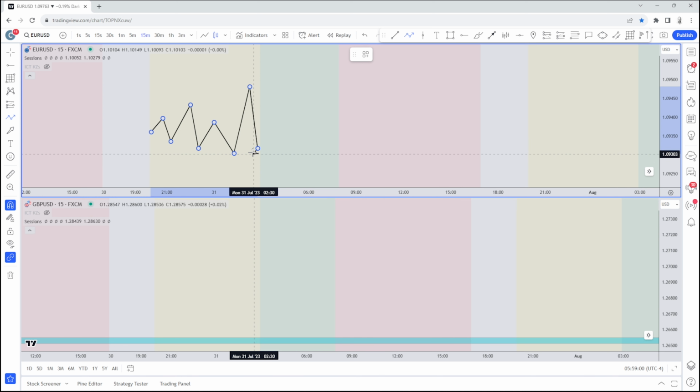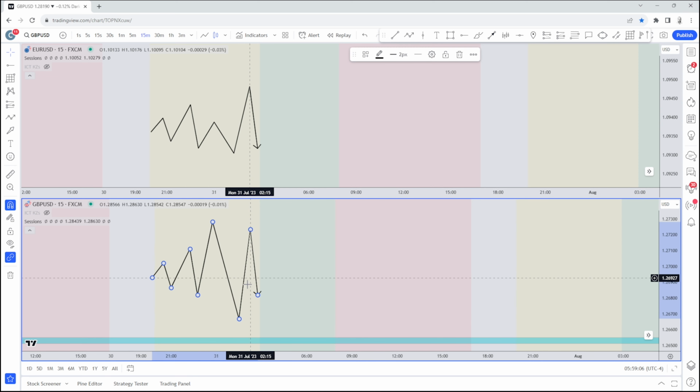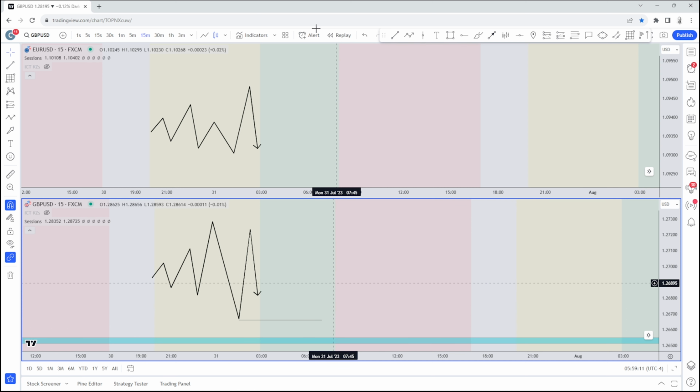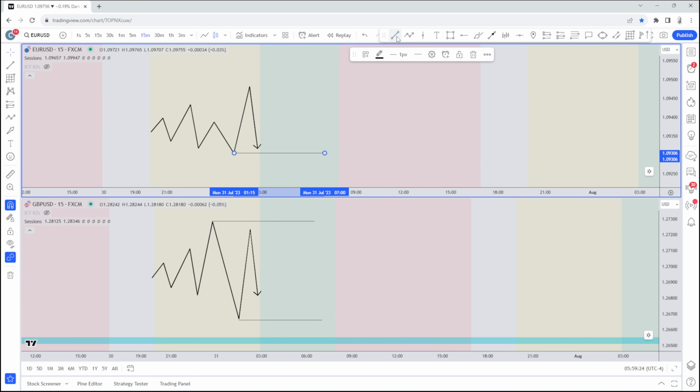What you're going to be doing when price makes it exactly to this area, and let's say that GBP USD was doing something like that, you're going to be identifying your highest and lowest points, and the highest and lowest points for this session are these points exactly right here. So let's say that we have highlighted the highest and lowest points.